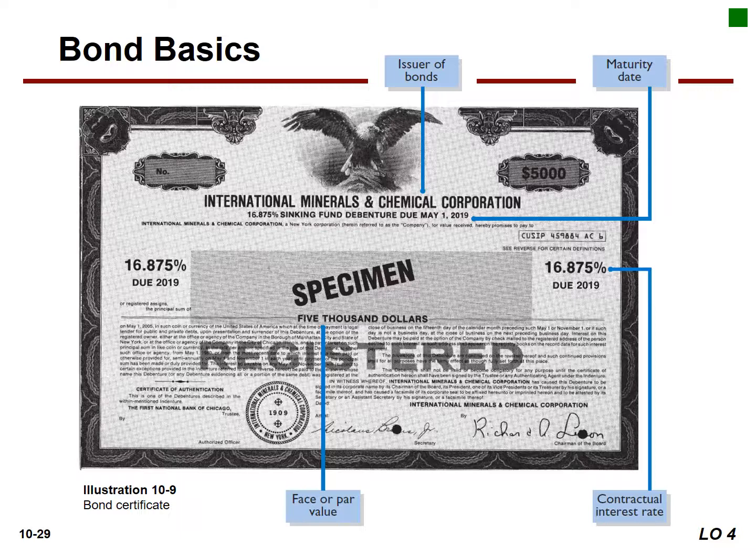Again, most of them are done electronically now, but you can see the name of the company issuing the bonds, the maturity date, what the contractual interest rate is, what the face amount of the bond is, $5,000. When we get to chapter 11, we'll look at a paper stock certificate as well. Again, you don't see a lot of paper certificates anymore, as most things are held electronically.